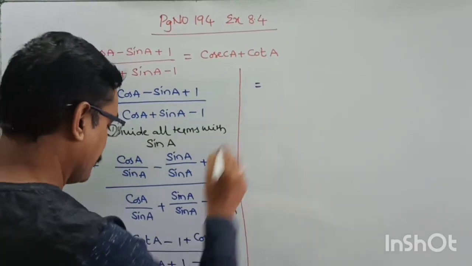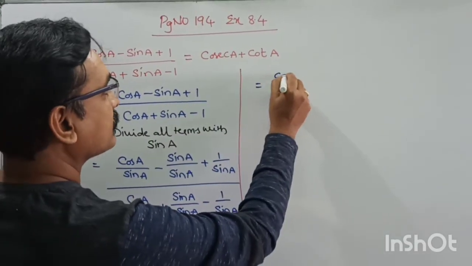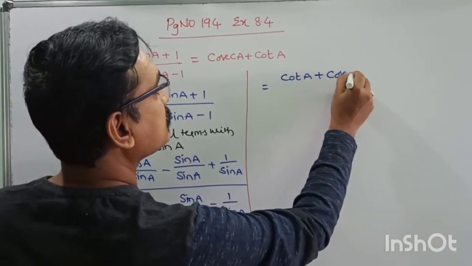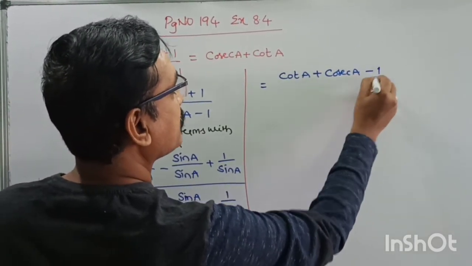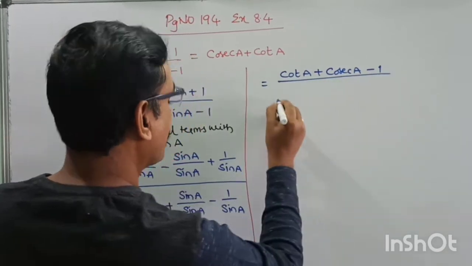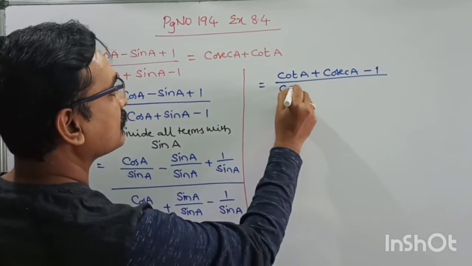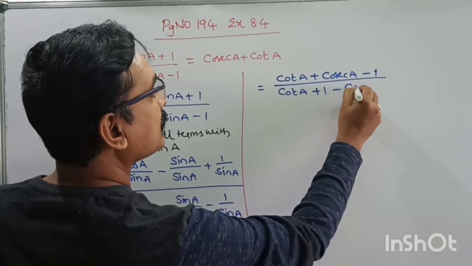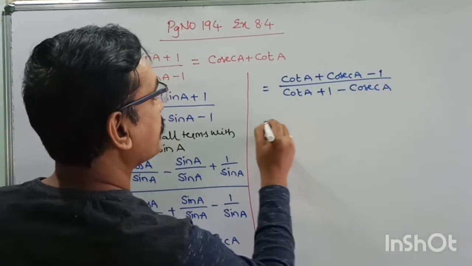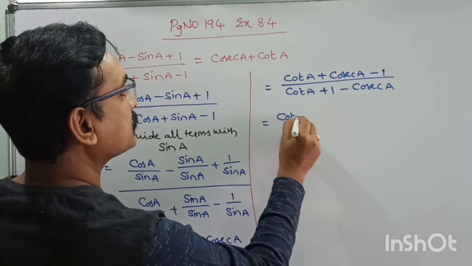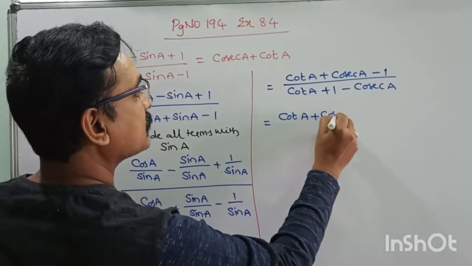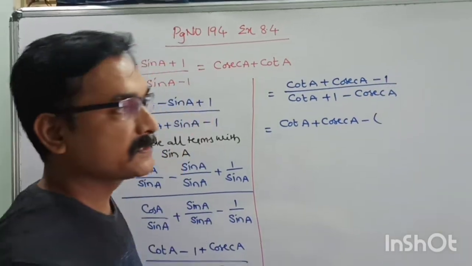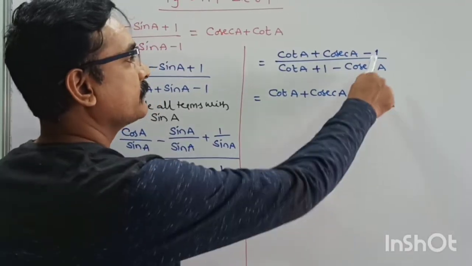In the place of the numerator, cot A plus cosecant A minus 1, over cot A plus 1 minus cosecant A.